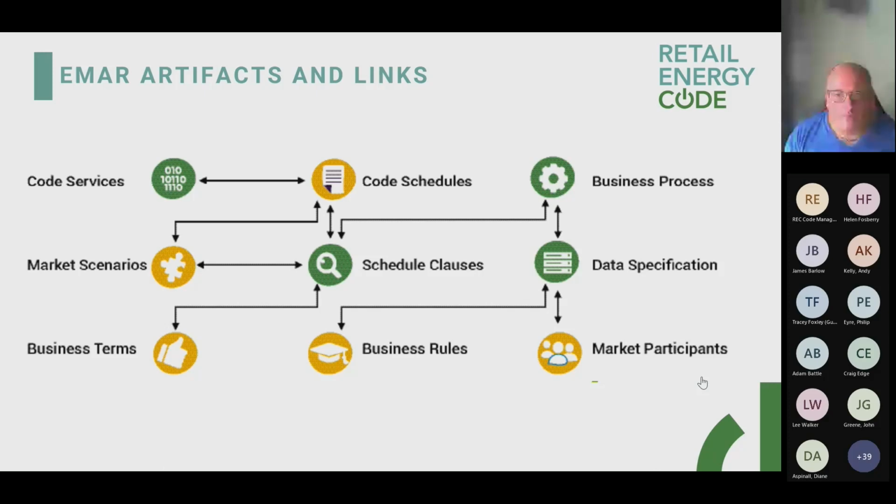The easiest way to think of the schedules is these are the legal text, the main body of the schedule, so what the whole thing is about, what it contains. Within those, there are a number of clauses, basically the component parts that make up the whole of the schedule. Each one will have its own number and its own reason for being.